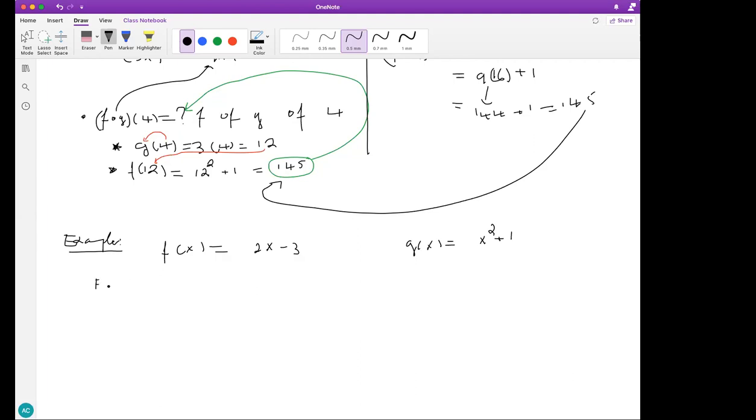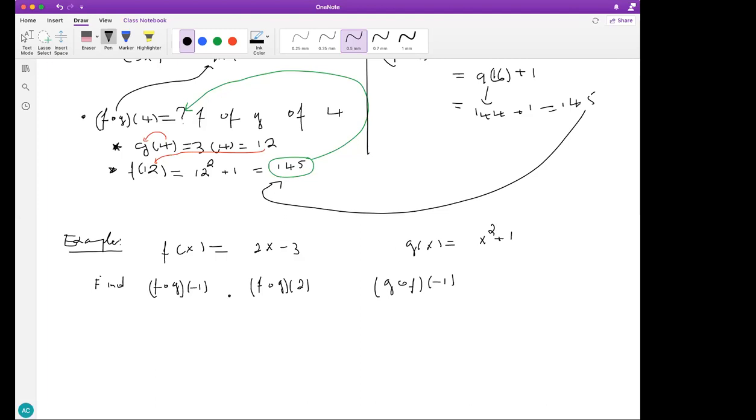So let's say find f of g of negative 1, f of g of 2, and then g of f of maybe 1.